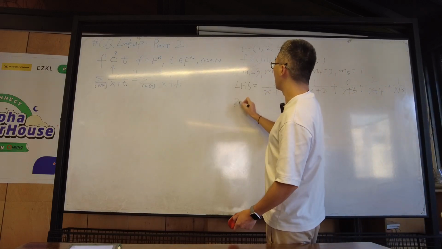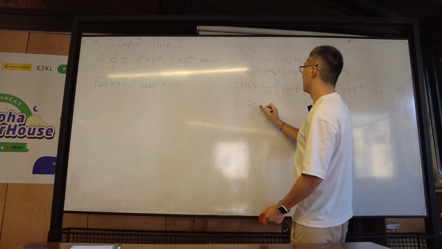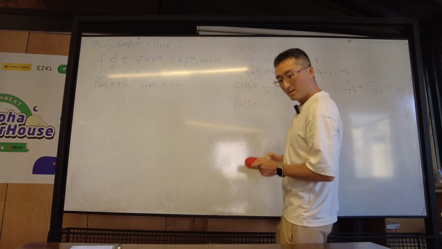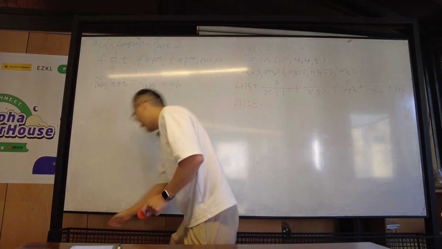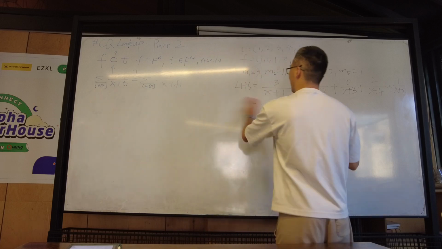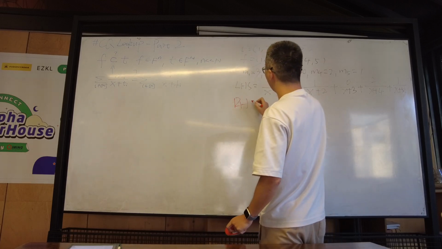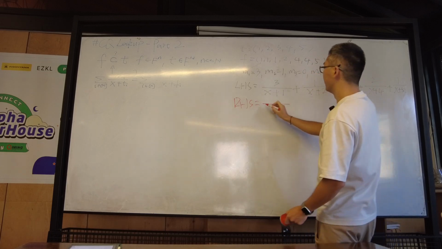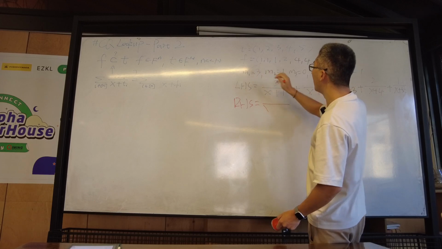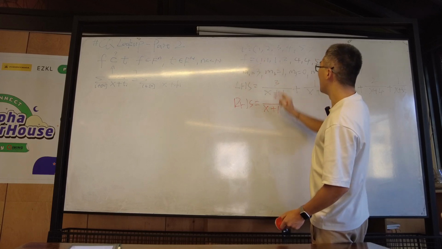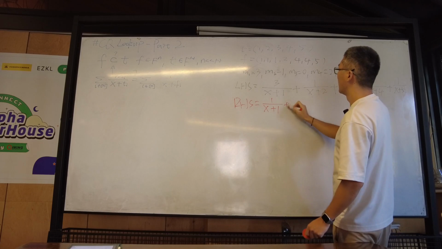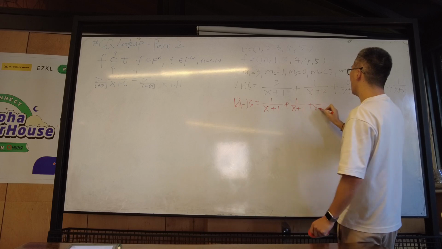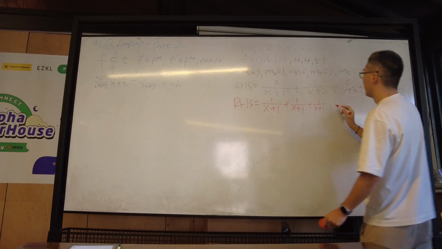Then we do the right hand side. x plus 1: there are three of them, 1, 1, 1.